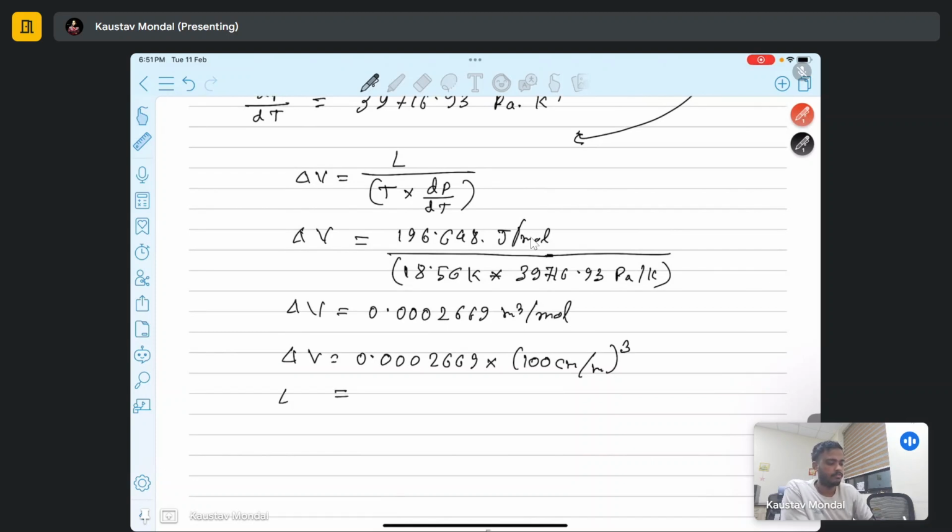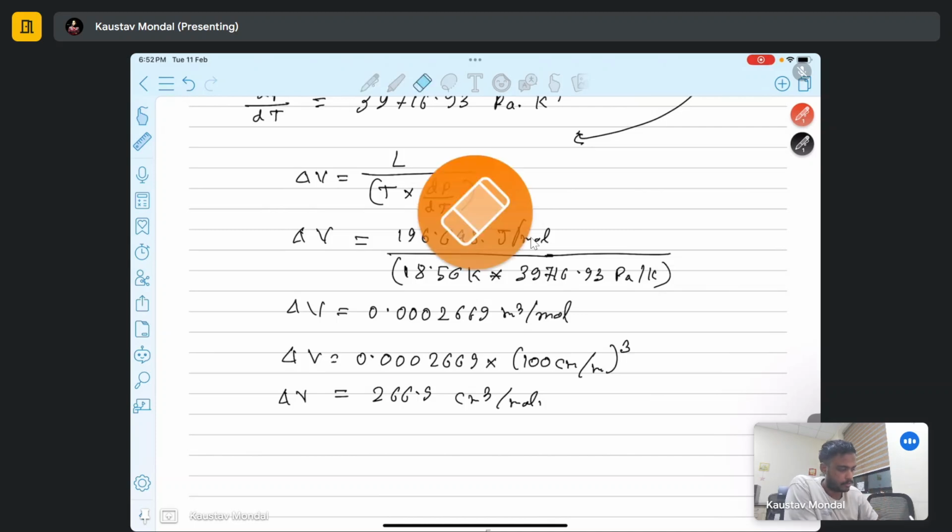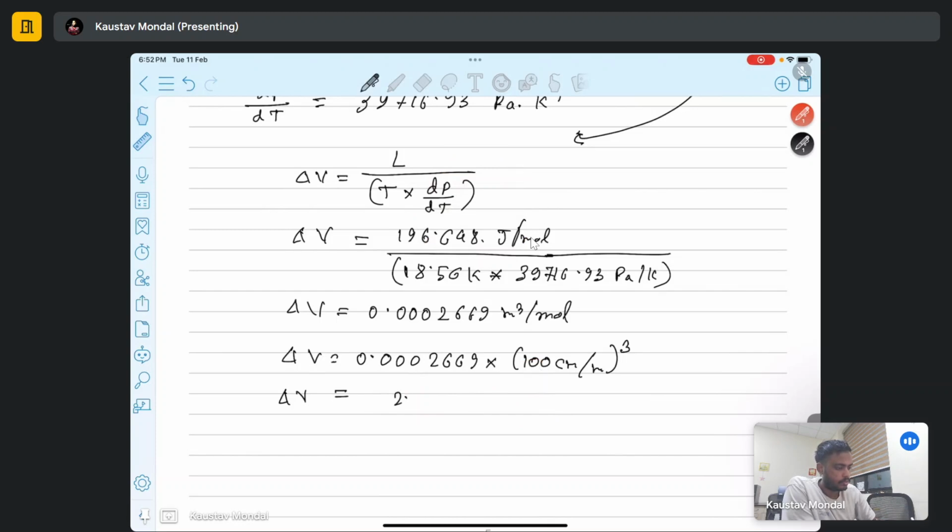So delta V equals 266.9 centimeter cube, so this is 2.669 centimeter cube per mole.